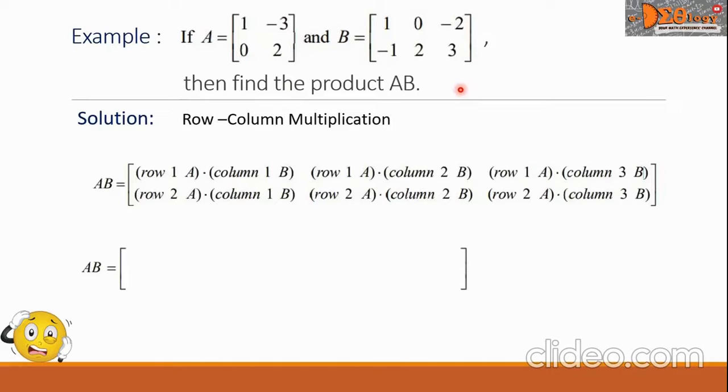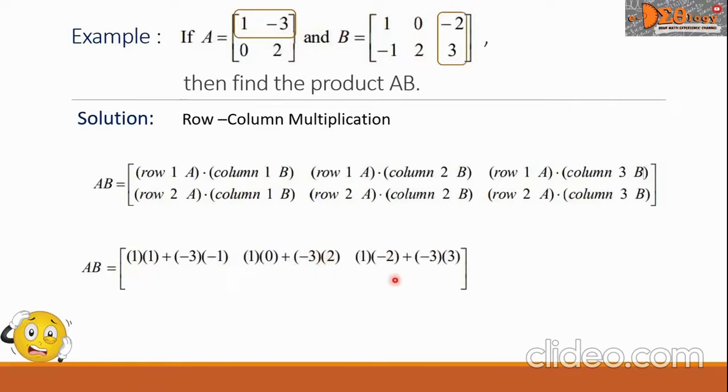Applying this, we will have the following numbers. For the first element, we will have 1 times 1 plus -3 times -1. Second element here will be 1 times 0 plus -3 times 2. Third element, 1 times -2 plus -3 times 3.